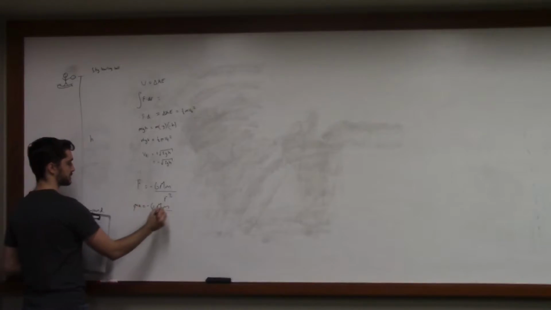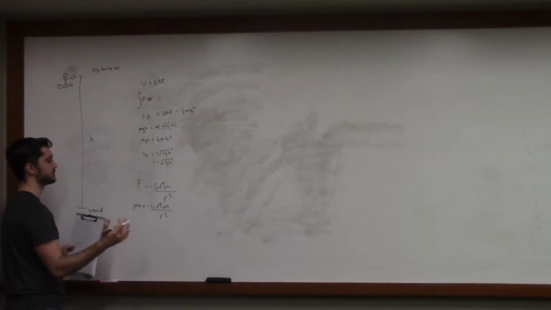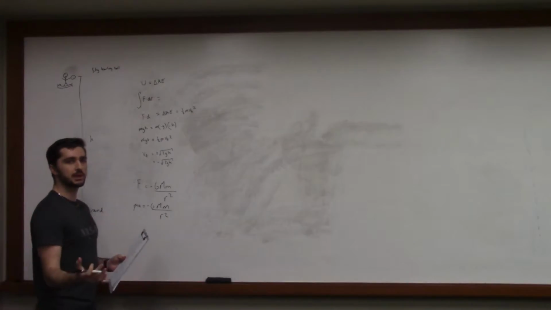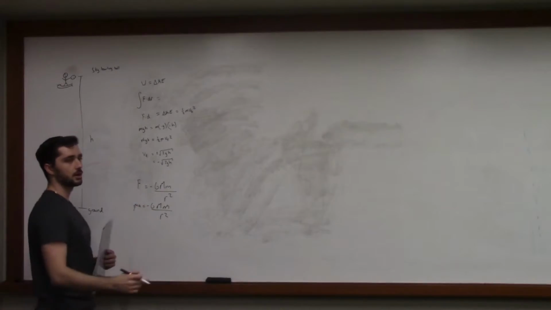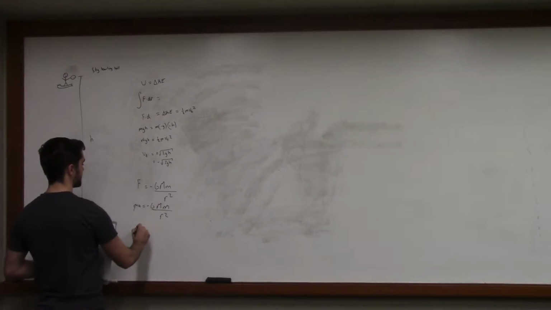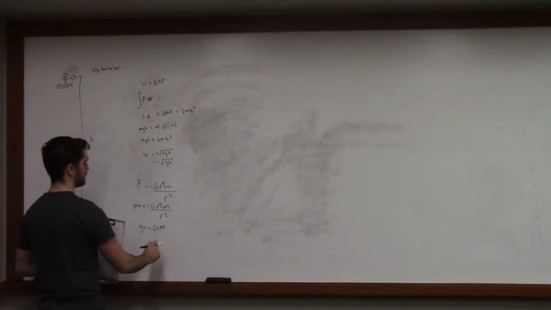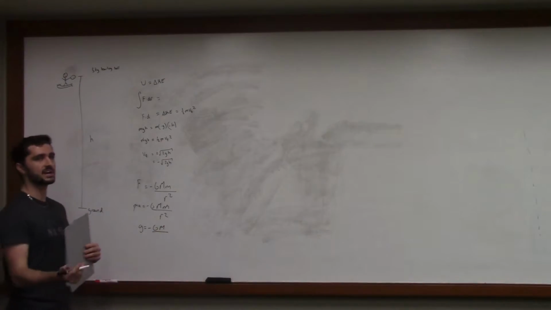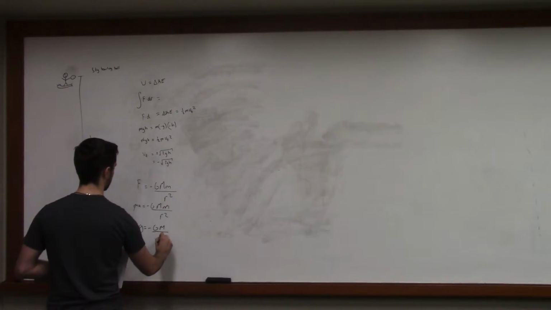Now these m's cancel, and you're left with a is equal to negative GM over r squared. Now, you're probably wondering where g comes from and how it's relevant. Well, we get g by setting the radius equal to sea level. So if I rewrite this, I can say g is equal to negative G, big G, M, the mass of the Earth, divided by, now instead of r squared, I'm going to call it s for sea level, but it's still a distance. So this is s squared.